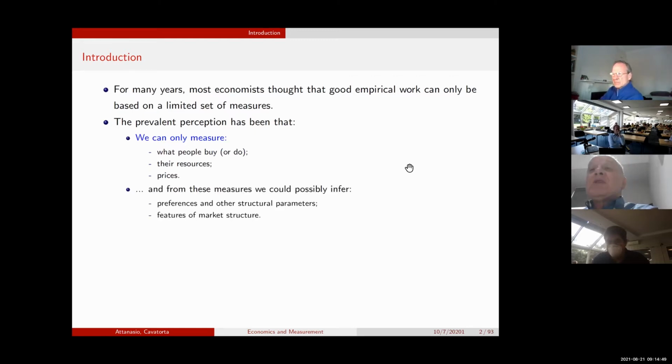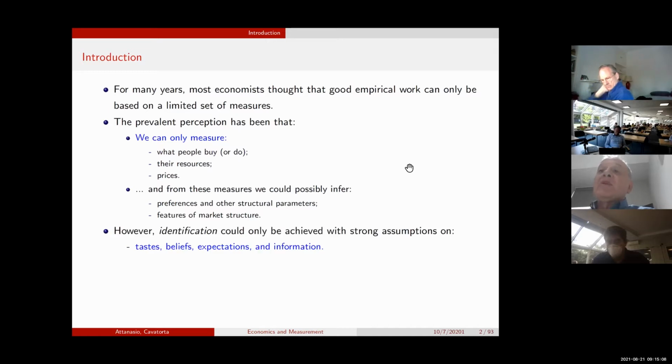And then possibly from these measures, one could infer preferences and other structural parameters and features of the market structure. So whether there is monopolistic competition or perfect competition and the like.